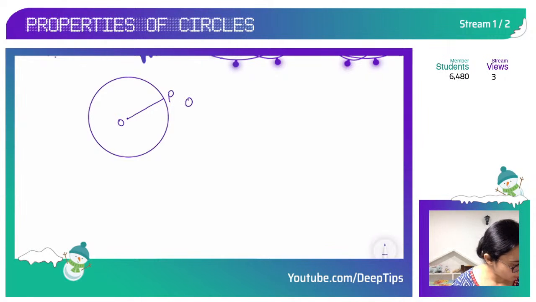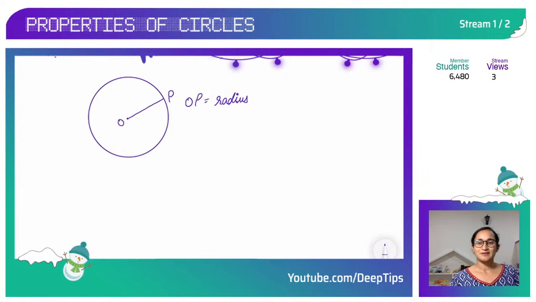So OP is my radius. And what is the diameter? I'm sure you all know about it. If we double the radius, we get the diameter. So this RS is the diameter.